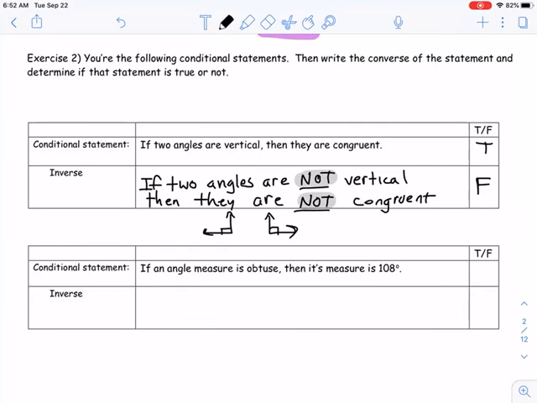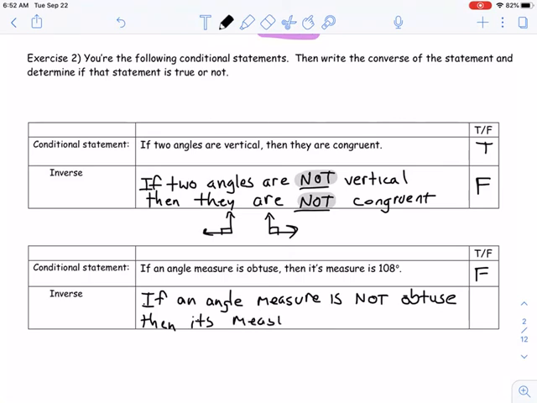If an angle measure is obtuse, then its measure is 108 degrees. We already said that's false. Now let's negate this. If an angle measure is not obtuse, then its measure is not 108 degrees.